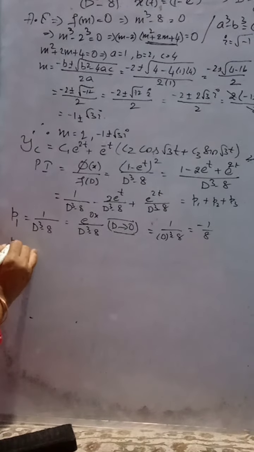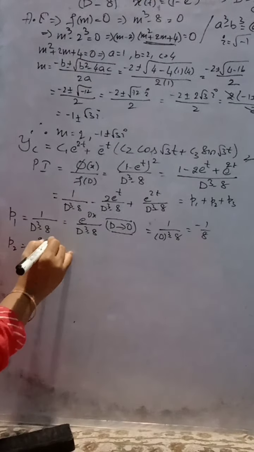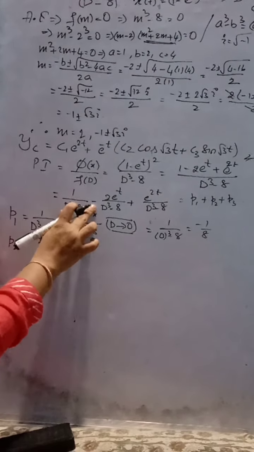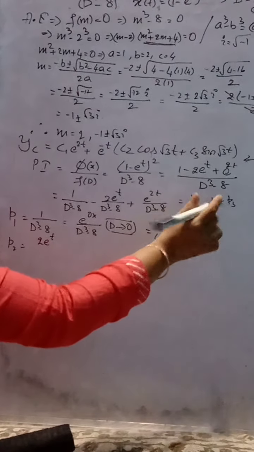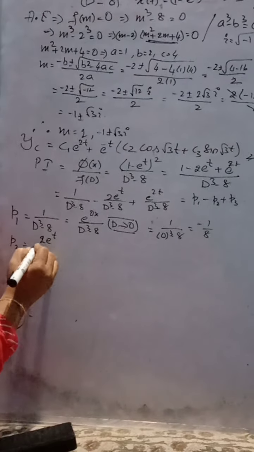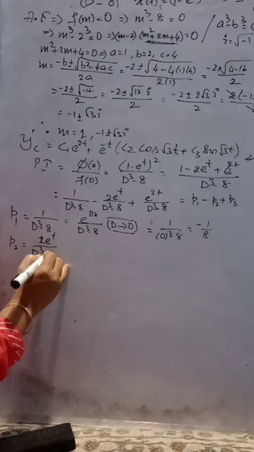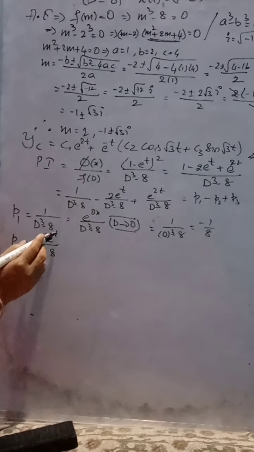Now applying a similar method for the second part, we have 2 e to the power t. There is a negative sign here, so be very careful. I will consider the negative sign here as P1 minus P2. Okay, so 2 e to the power t divided by D cube minus 8. Now we are supposed to replace D by the coefficient of t.